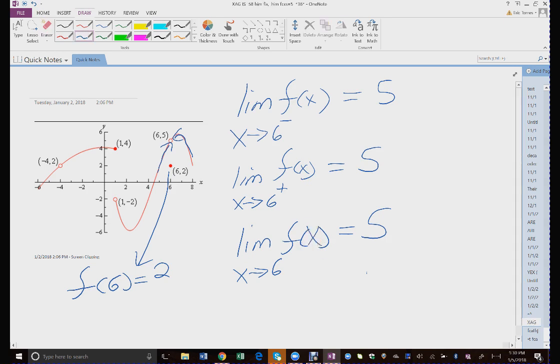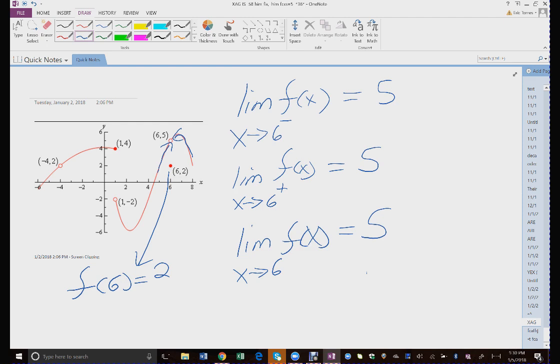So, f of x is approaching 5 as x gets closer to 6 on the left. As x gets closer to 6 on the right, it's still approaching 5. So I can confidently say the function is getting closer and closer to 5 and no other value as x gets closer and closer to 6.